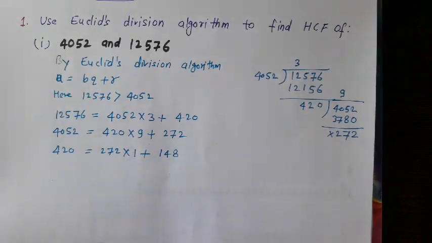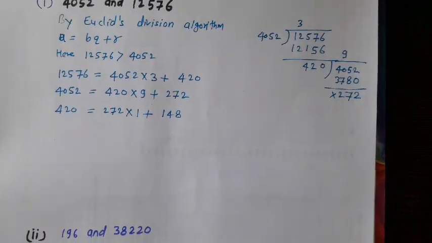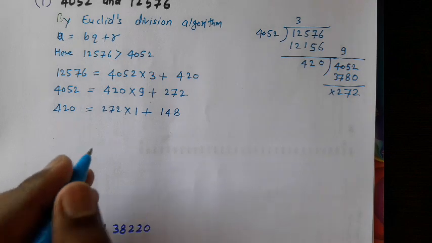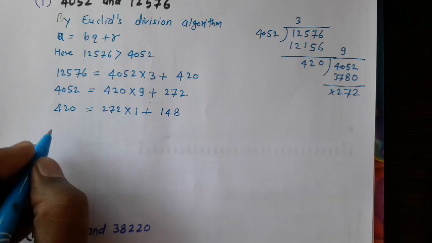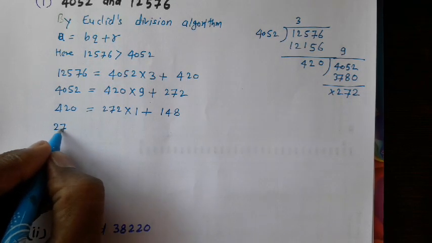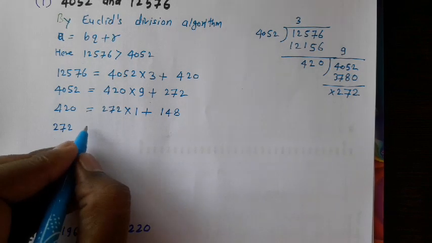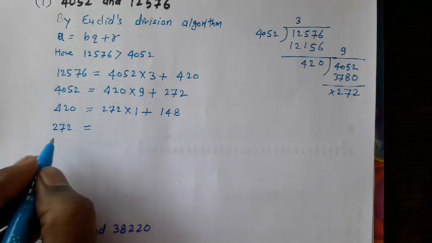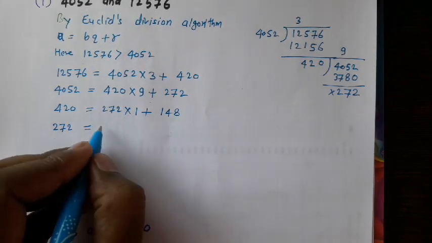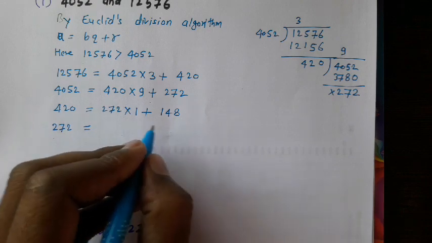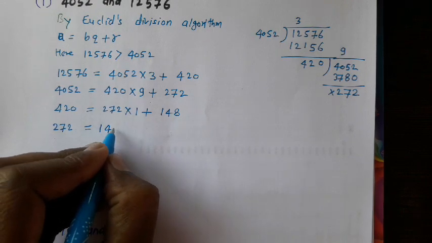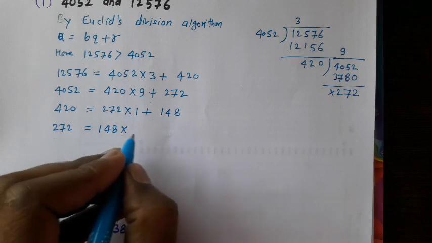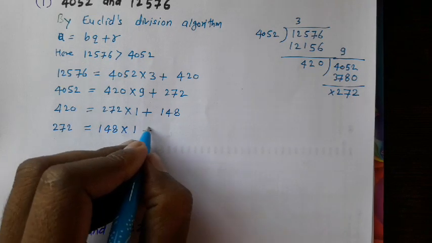Again the remainder is not 0. If the remainder is not 0, then we continue this process. Again 272 becomes the dividend, 148 becomes the divisor. Again the quotient will be 1 plus remainder.